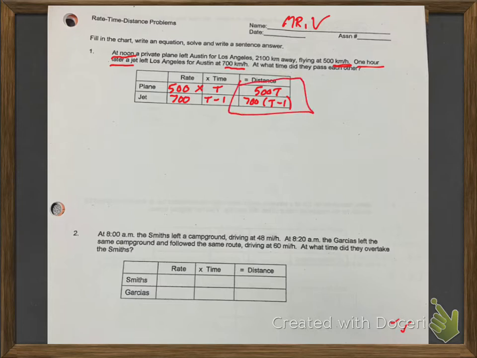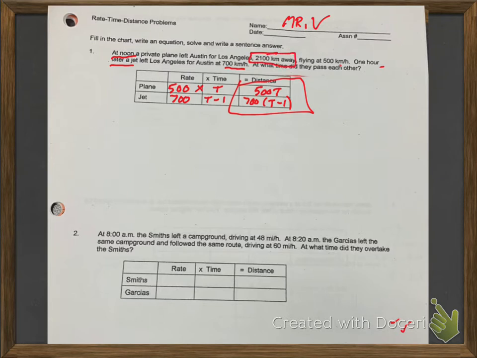Now the question is, what do I do with them? The question asks, at what time do they pass each other? That's what we're looking for, and that's where the 2,100 kilometers away comes from.